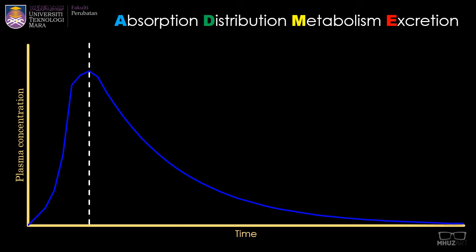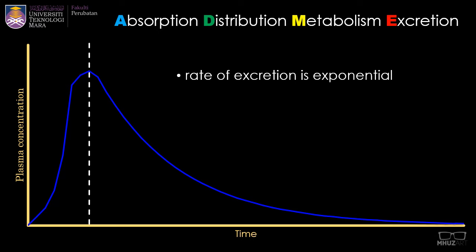From the max plasma concentration, the rate of excretion in general is usually exponential. Even though I said before that the curve drops at a linear rate in the beginning, throughout the whole process of excretion, the rate of excretion is exponential.